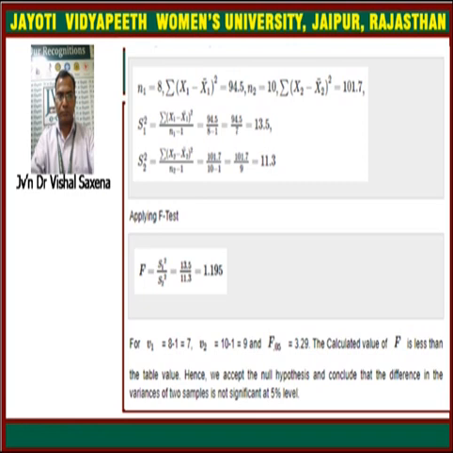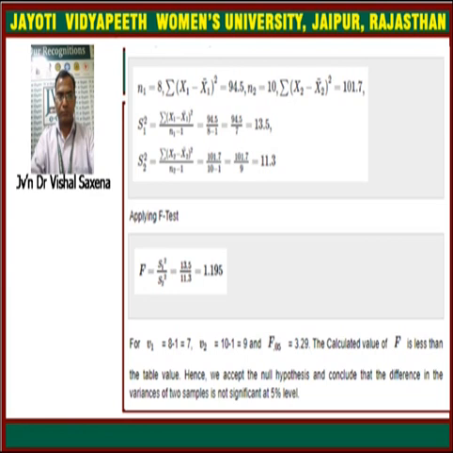S1 square is equal to summation (x1 minus x1 bar) whole square upon n1 minus 1, which is equal to 94.5 upon 8 minus 1, which is equal to 94.5 upon 7, and that is equal to 13.5.